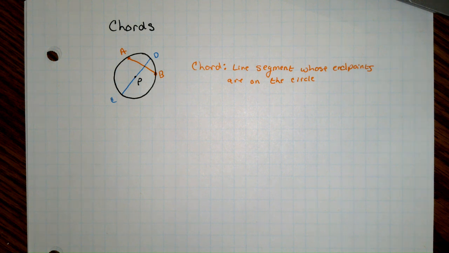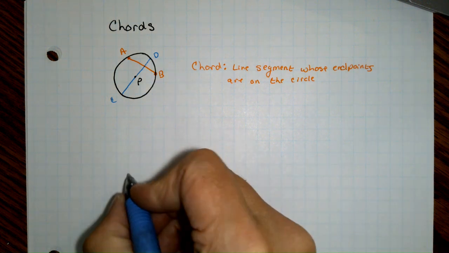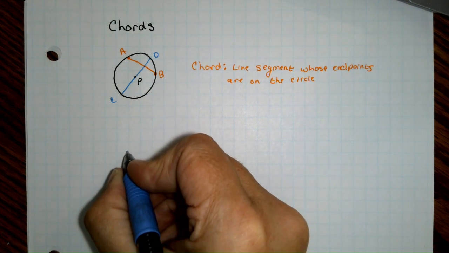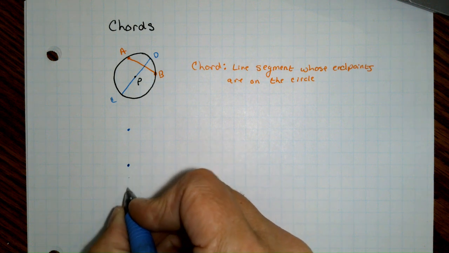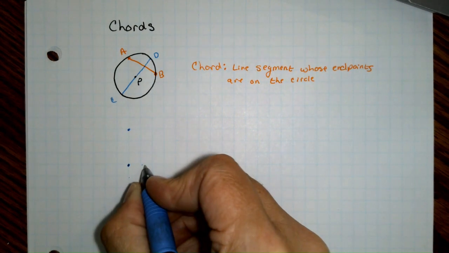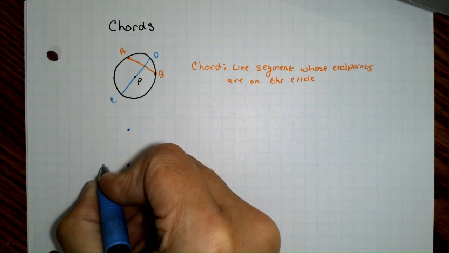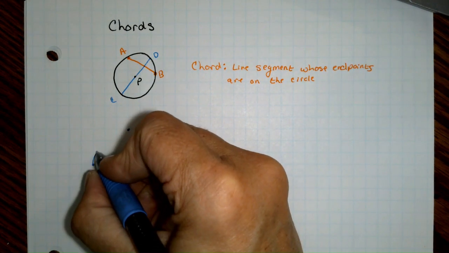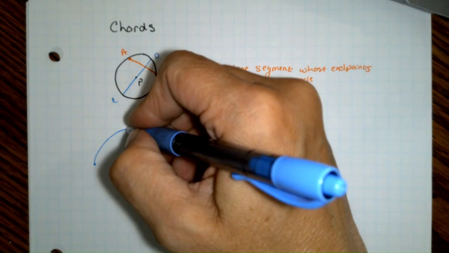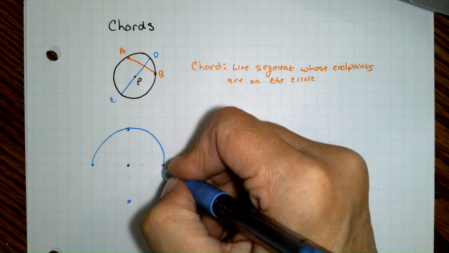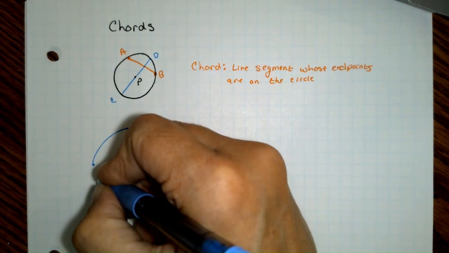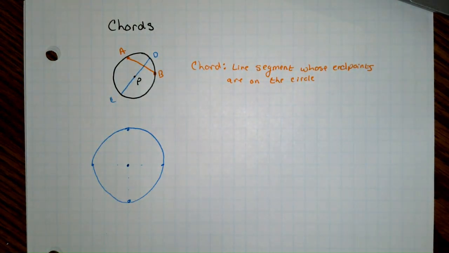All right, so I'm actually going to rough sketch some circles here. I have graph paper here for this purpose. That's the only reason why, is to rough sketch them. Okay, rough sketch.